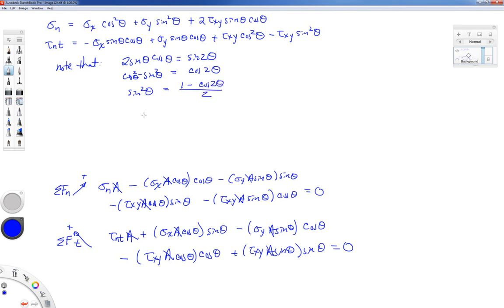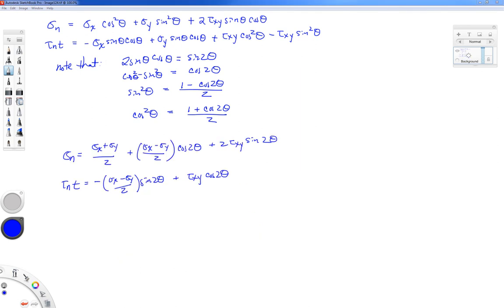We have another identity that says cosine squared of theta is equal to 1 plus cosine 2 theta over 2. So we're going to do just a little bit more algebra and write these in terms of the double angle, and we'll find out why we want to do that later. For now, you can use either the single theta equation or the double theta equation.